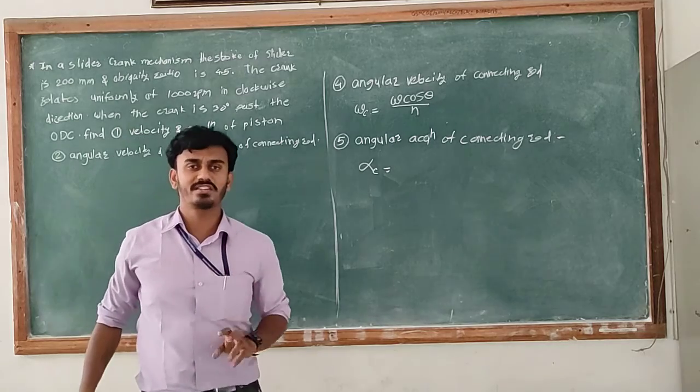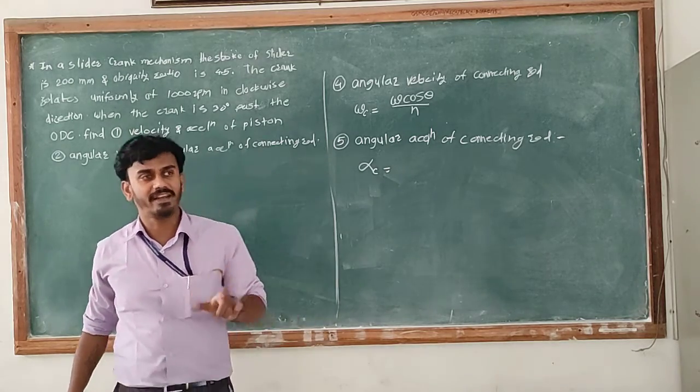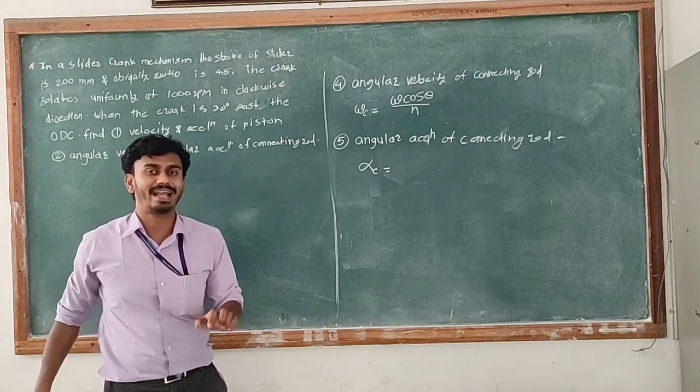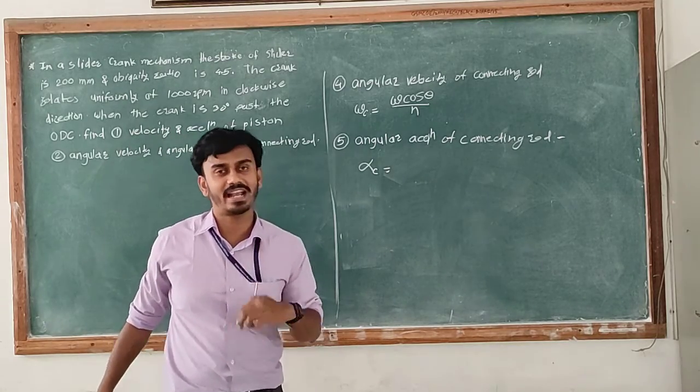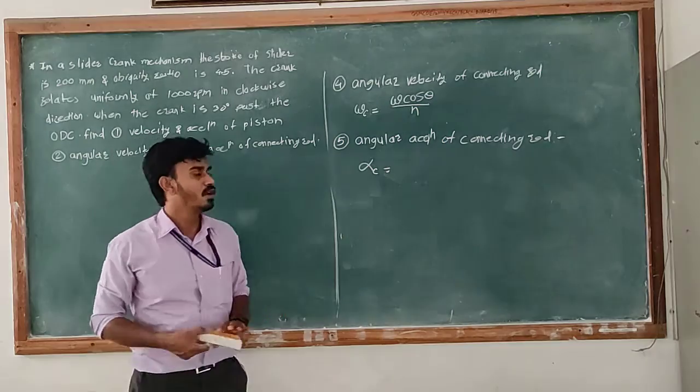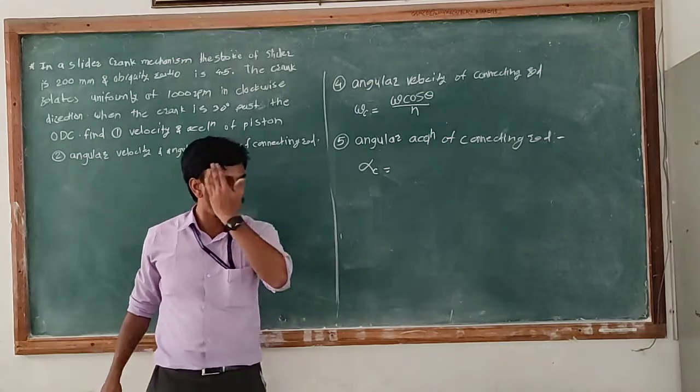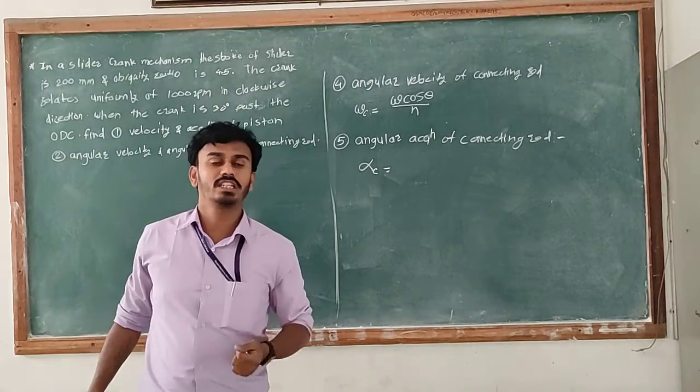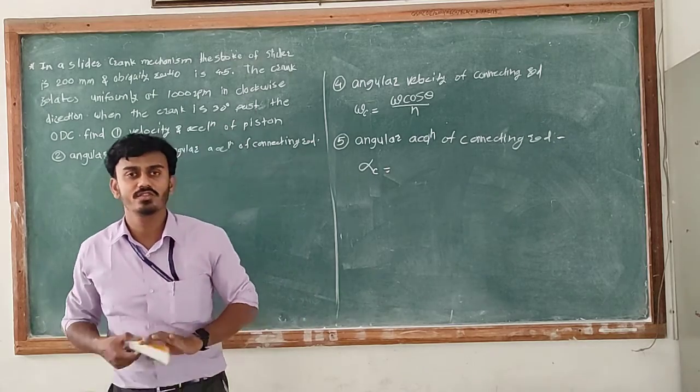Here also there are two conditions: when the angular velocity of the crank is uniform, and when it is not uniform. First we write the formula for when the angular velocity of the crank is uniform.